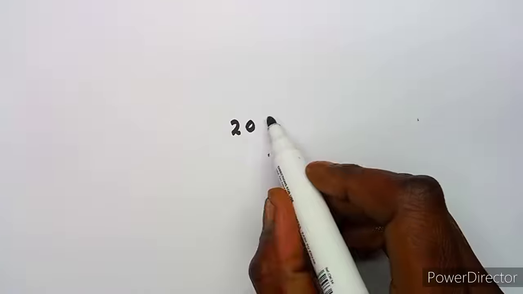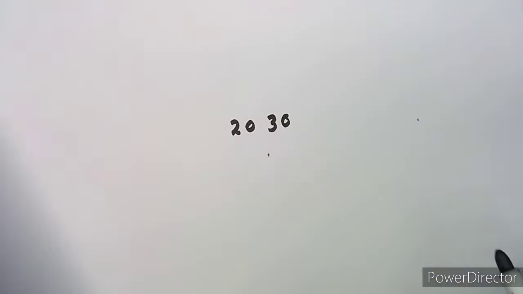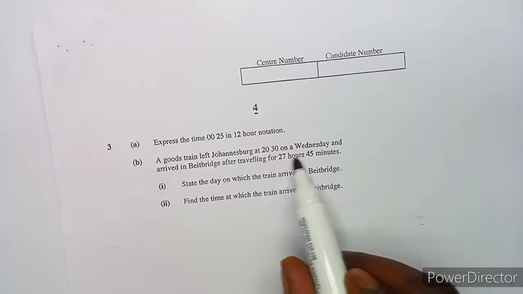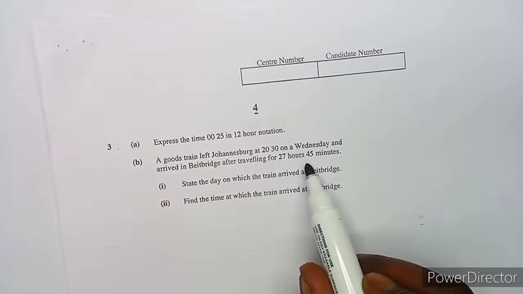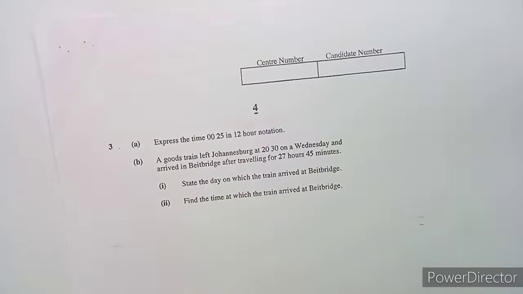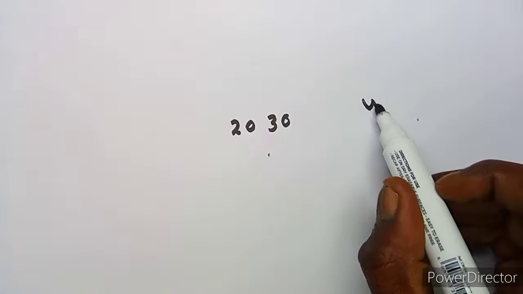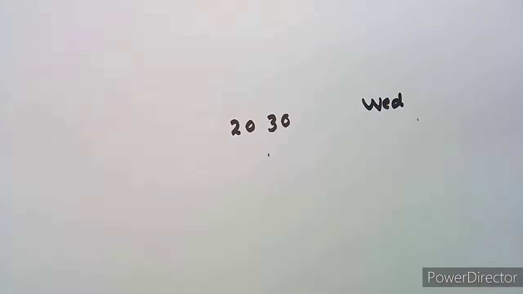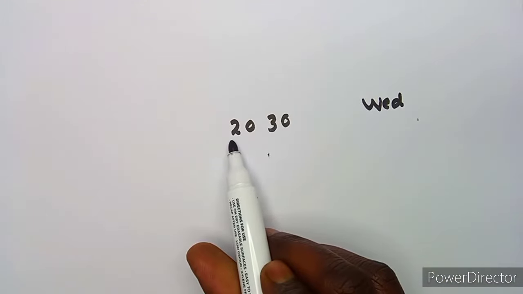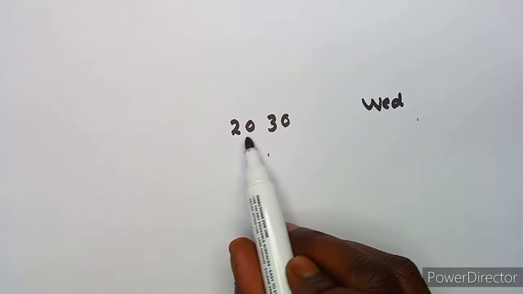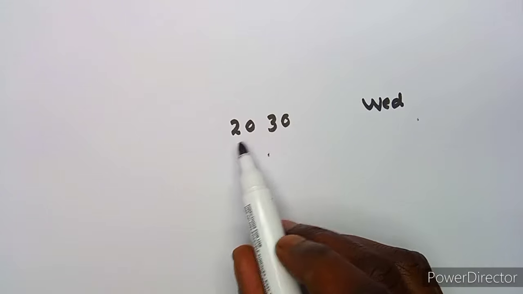Remember, the train left Johannesburg at 20:30, and it has to cover 27 hours 45 minutes to reach Bedbridge. So let's say in a day, on that Wednesday where it left, it is going to cover up to midnight, which is 12:00.